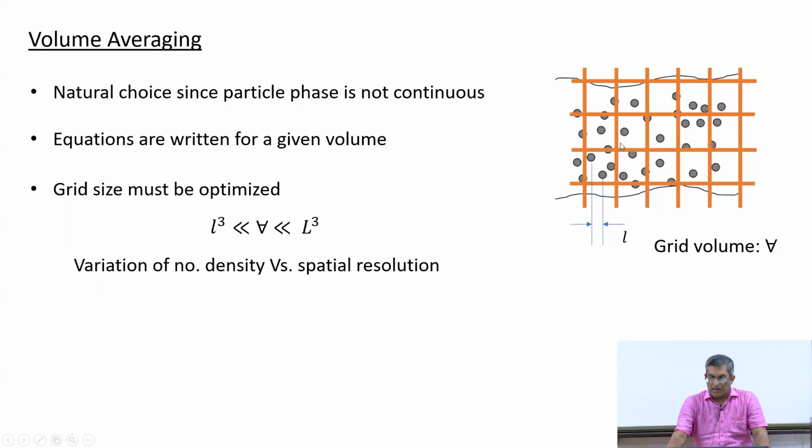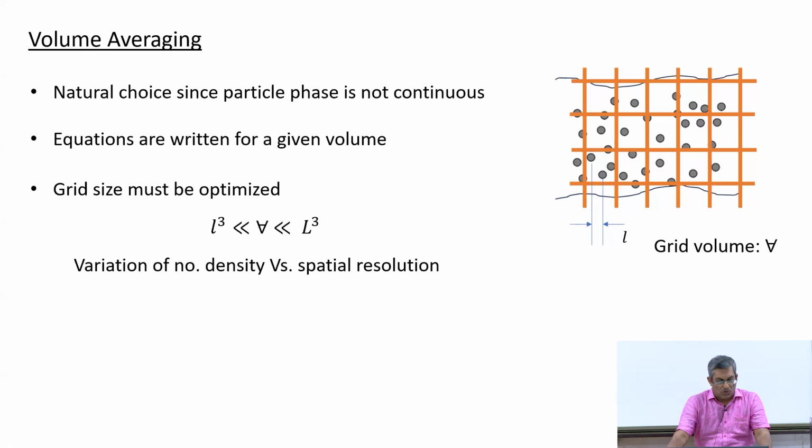If the grid size is much smaller, then another problem is that we will always have fluctuations in the particle number density. So we have to ensure that the particle number density does not vary much within a grid.